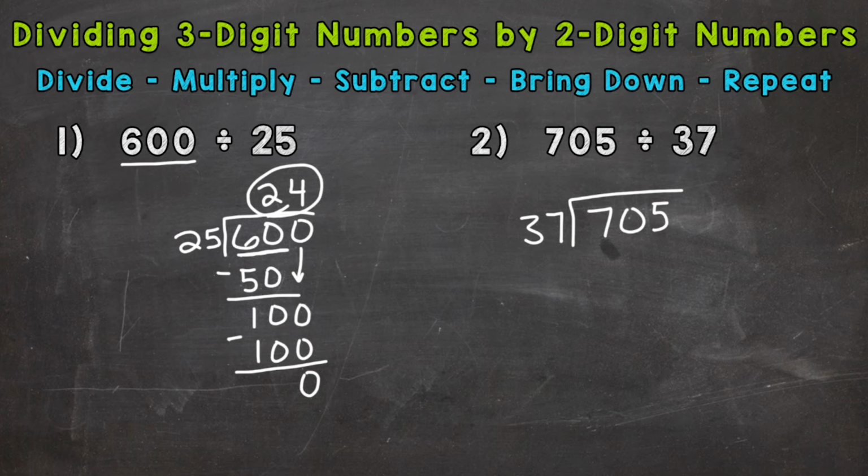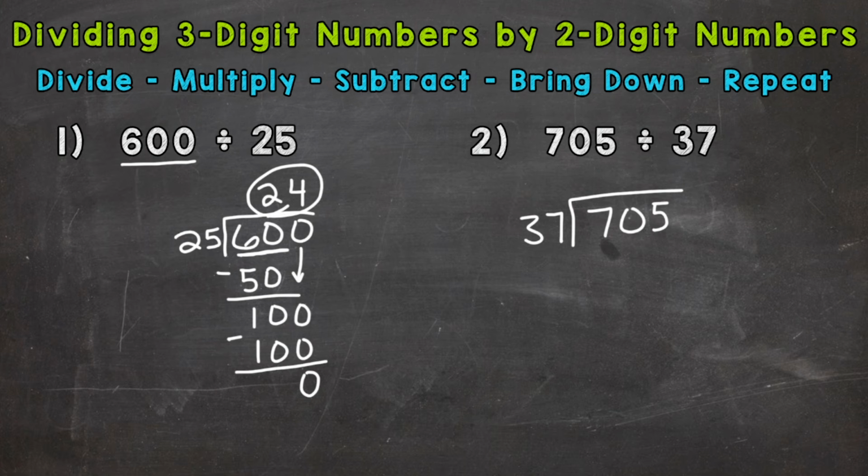37 is not a very friendly number to work with. So we need to estimate and check because we probably don't know the 37 multiplication facts off the top of our head. So a couple of strategies we'll go through as we work through this problem. So I would suggest rounding to a number that's easier to work with to get an idea of where to start. So I could think, well, 37 is close to 40, so let's round to 40, the nearest 10.